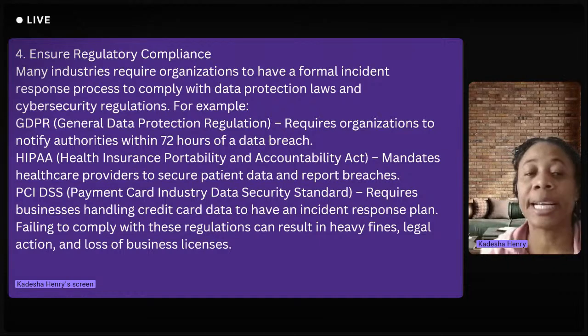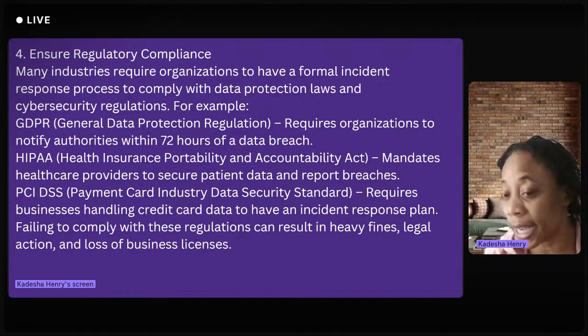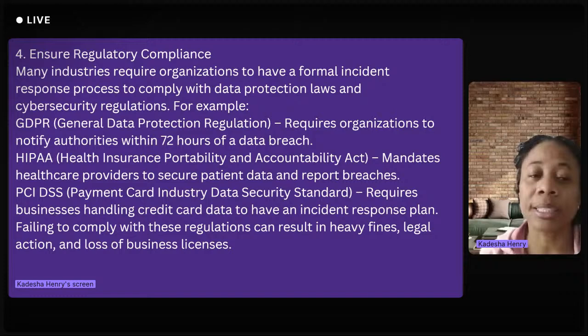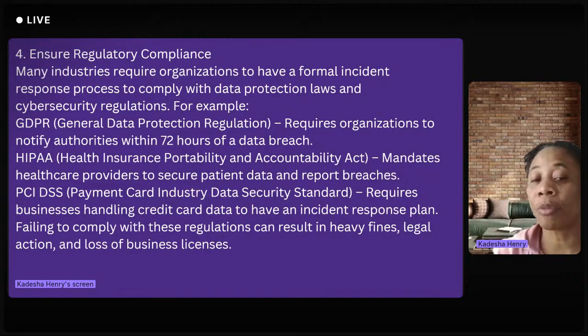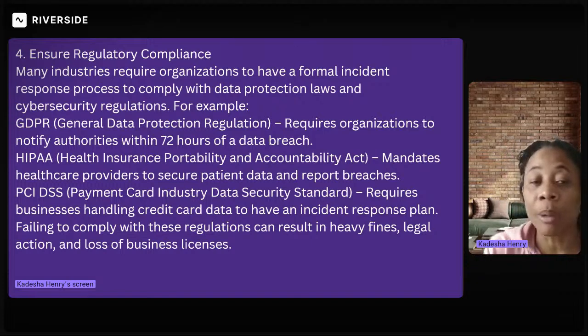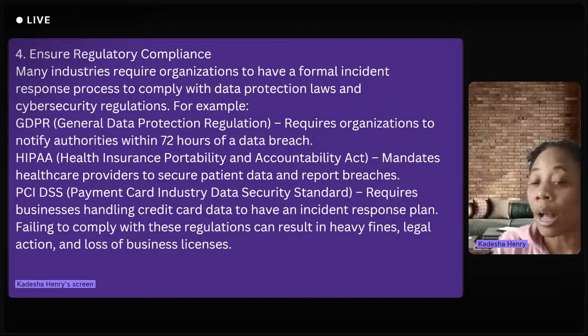HIPAA, which is the Health Insurance Portability and Accountability Act, mandates healthcare providers to secure patient data and report any breaches. So that is HIPAA.